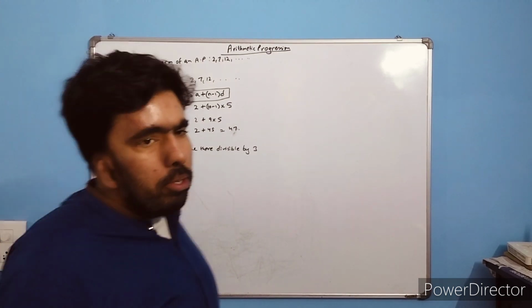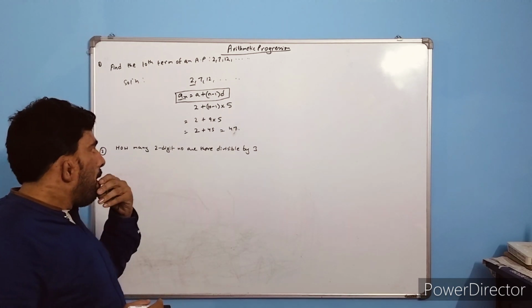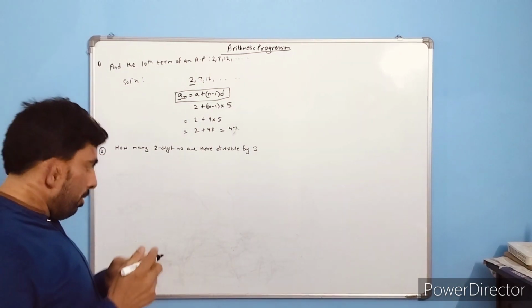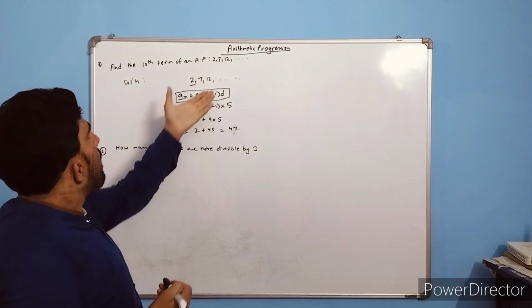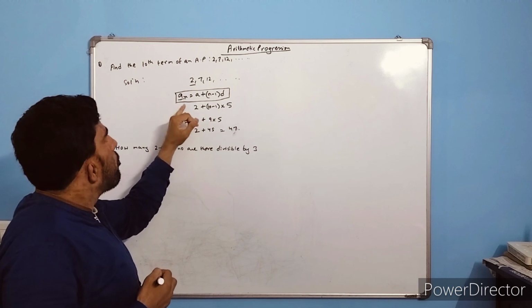Now we have another question. They have asked how many 2-digit numbers are there divisible by 3. So first we need to find that sequence, then apply this formula and find that n.